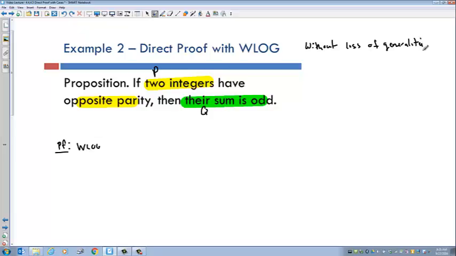So without loss of generality, assume x is even and y is odd.